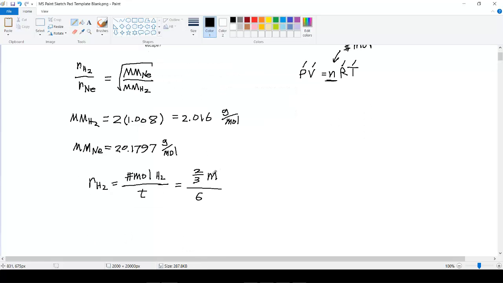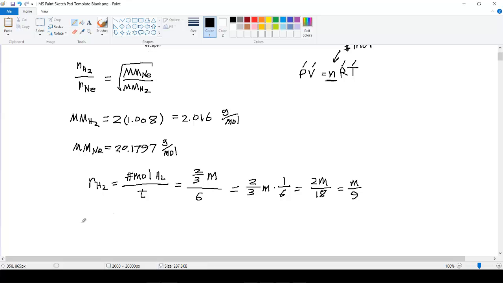So to begin with, there was m moles in the container. We don't know what m is, but it was some number, and 2/3 of that diffused in 6 hours. So from this, I can get 2/3 m times 1/6, and that will give me 2m over 18, which is m over 9.